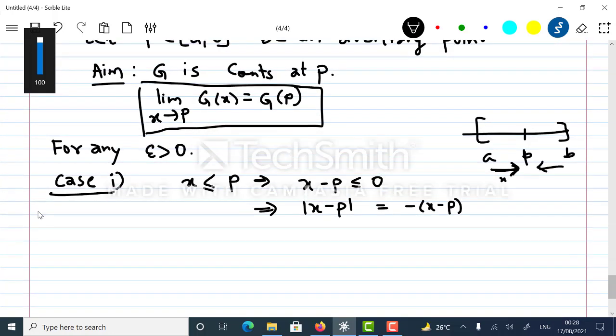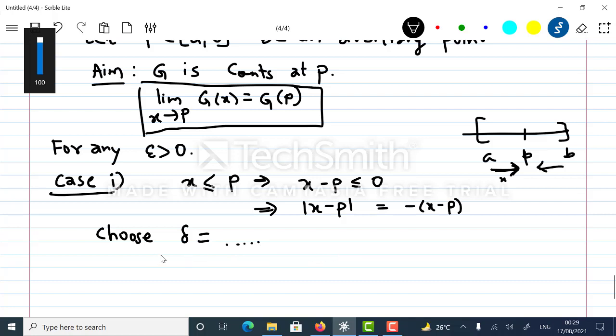And what I'll do is as follows. I will choose delta greater than 0, which I'm writing as blank for now, right?